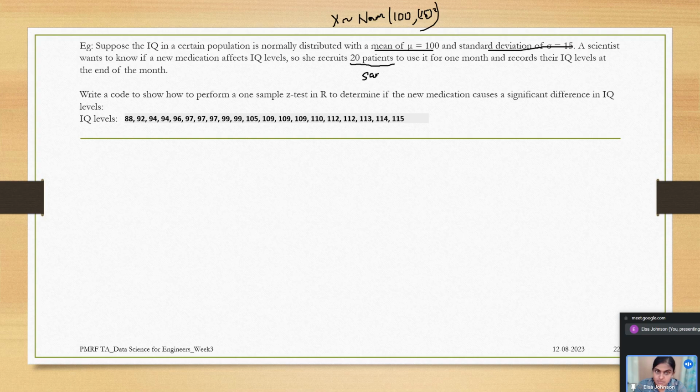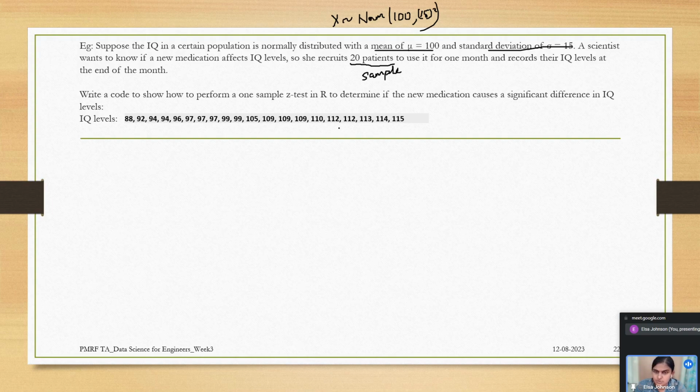That is the sample from that population, to use it for 1 month, and then she records the IQ of those 20 patients. Now I'll show a code to perform a one sample z test in R to determine if the new medication causes a significant difference in IQ levels.